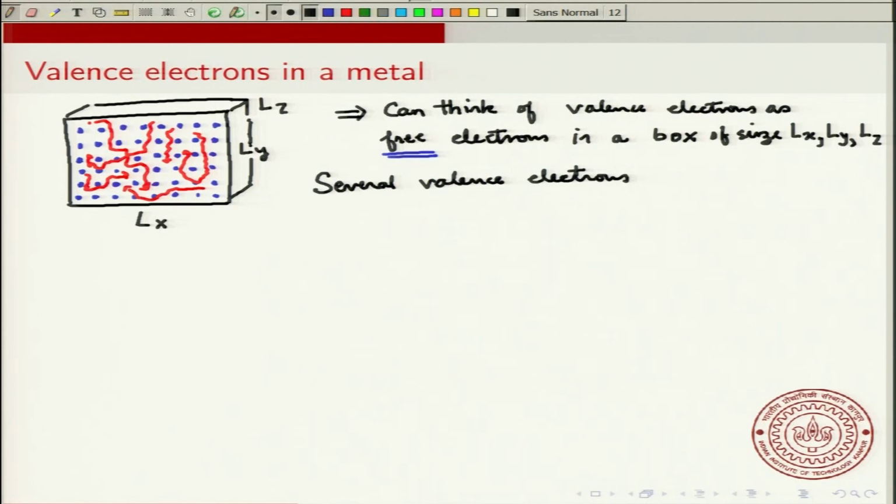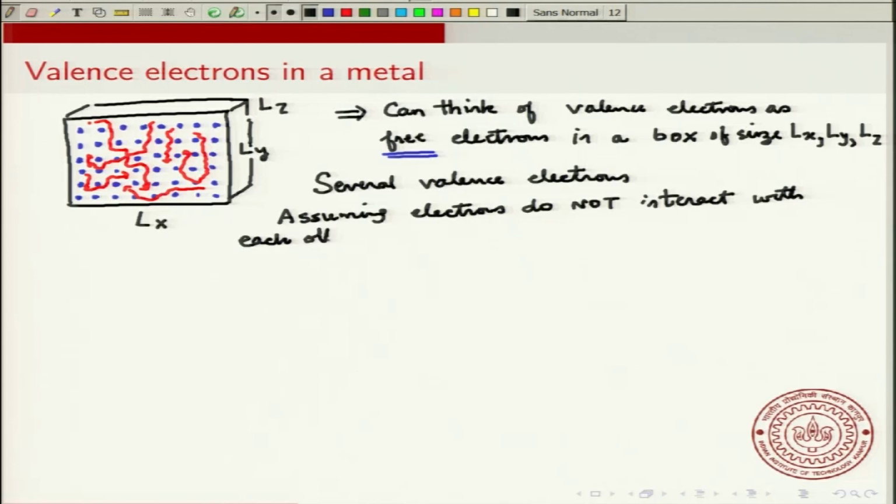If we assume that the electrons do not interact with each other, then we can use the free particle solution.